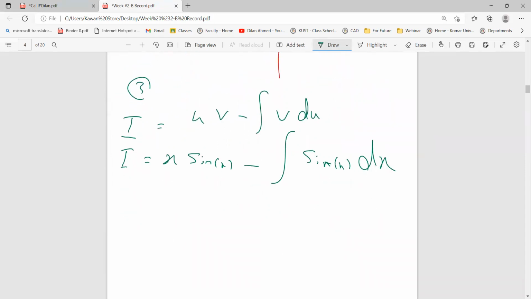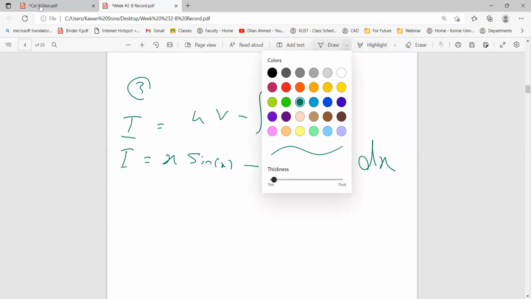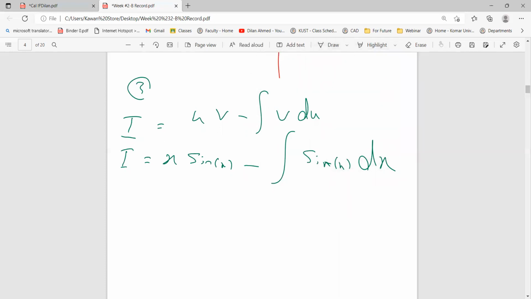So now, before going to the fourth step to solve, I'm going to compare that one. Look here, that integral with I. Tell me, is it easier or not? It's easier. You can solve it directly, right?